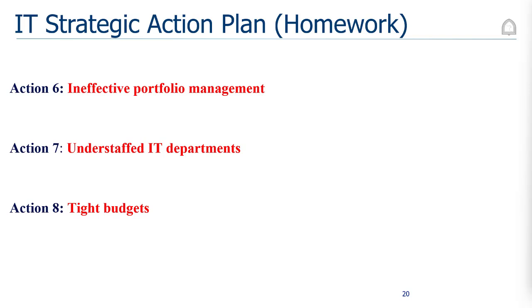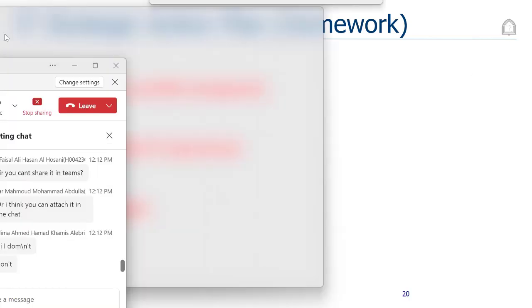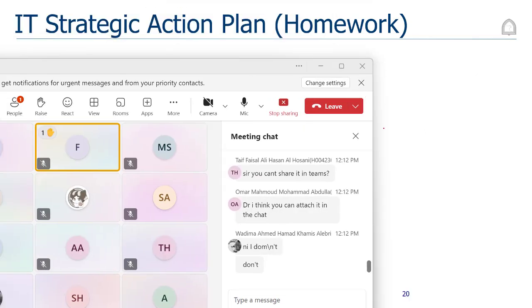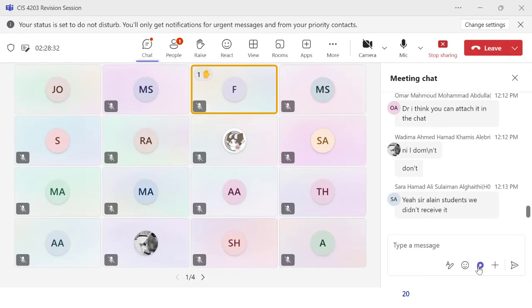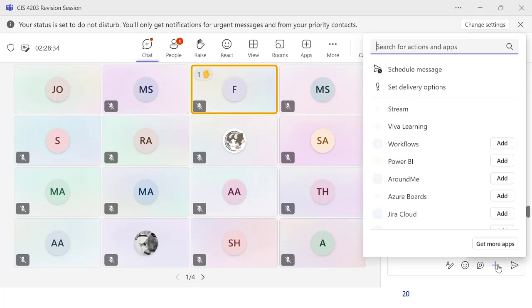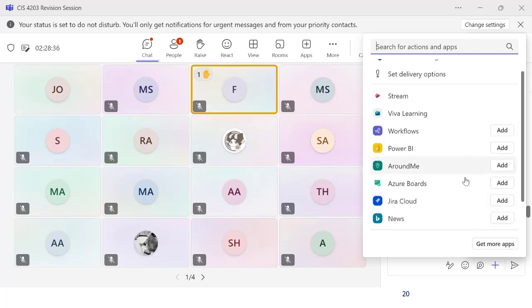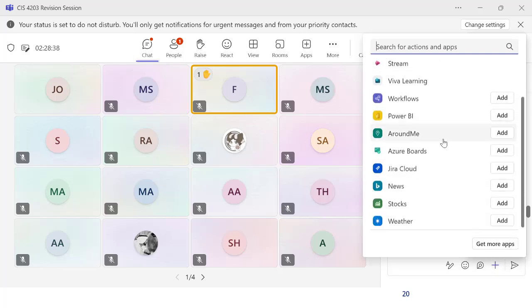Omar, I can't. I've tried it. Let me share this screen so that you see. For some reason, if you go here, Omar, for example, if I go here, usually there's a place where you can attach, but I can't find the attaching place.